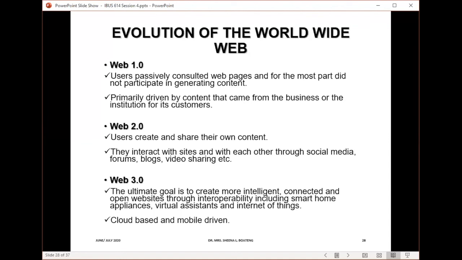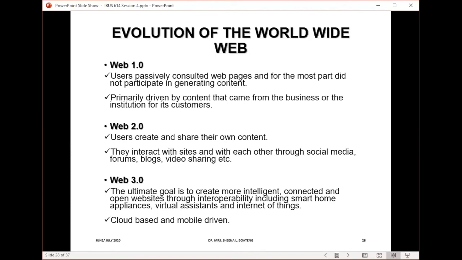So for Web 1.0, it was all about users just consulting web pages to obtain content, not necessarily to produce content or to participate or engage with the page. So it was primarily driven by content that came from the owner of the web page, which could be a business or an institution, and whatever information they wanted to put out there to customers. So it was one-sided, hence the term the static phase.